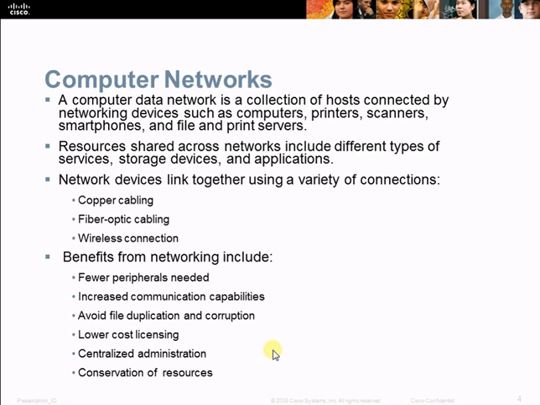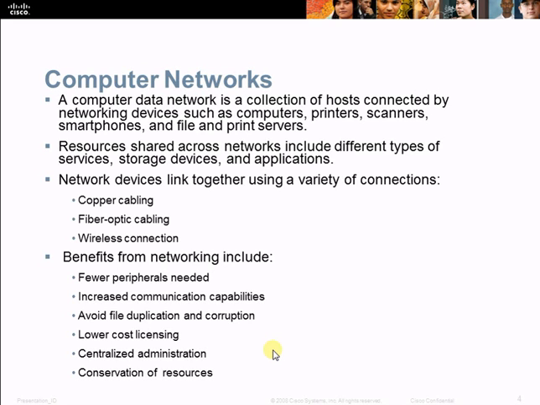Now our networks, when we used to think of them, were within a certain room or a certain building or floor, but today our networks can cover many types of areas. Also, we have to have a physical connection of our network, and there are three main ones. There's copper cabling, fiber-optic cabling, and the wireless network, which is something that we're really starting to use today.